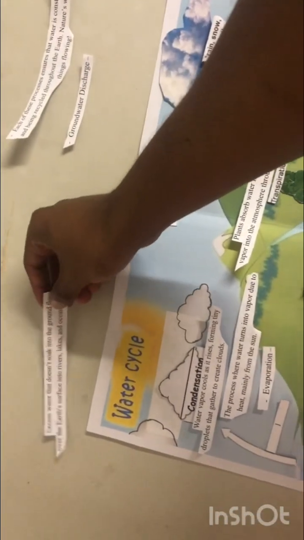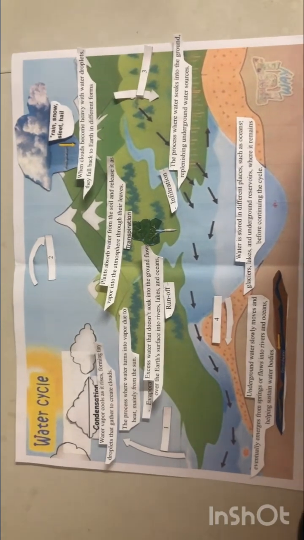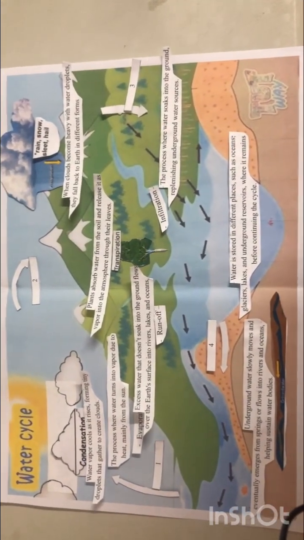So for me, obviously it's this one: excess water that doesn't soak into the ground. The next process would be storage, but to be more fair on the process, I'd just like to explain that storage could occur at any point. It could be in the clouds, it could be in the streams, it could be in the ground like soil.